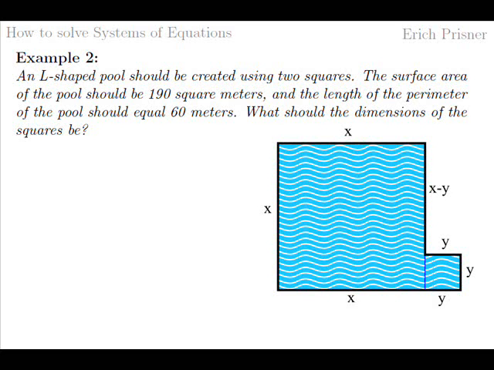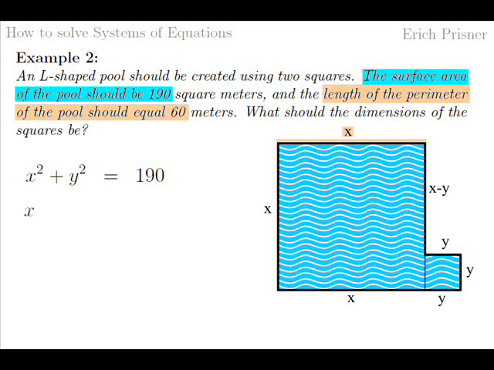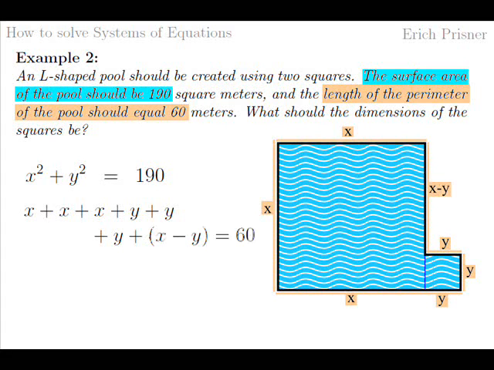The areas of the squares with bases x and y are x squared respectively y squared, so the area sentence translates very easily into x squared plus y squared equals 190. The second sentence translates into the equation x plus x plus x plus y plus y plus y plus x minus y equals 60, or 4x plus 2y equals 60.